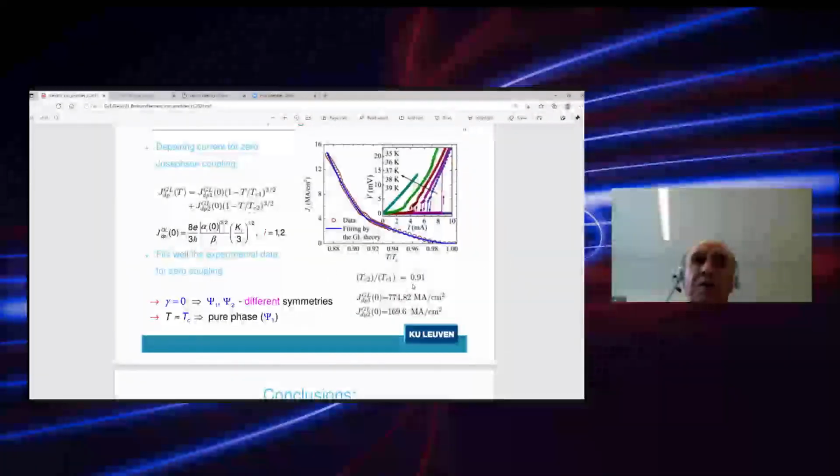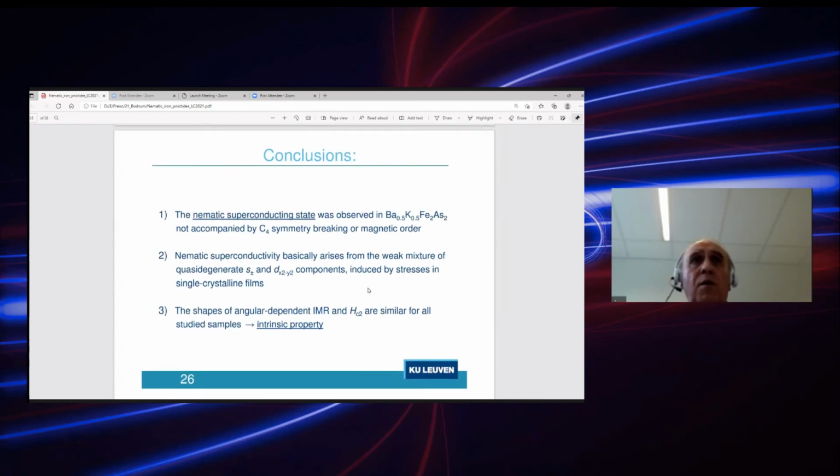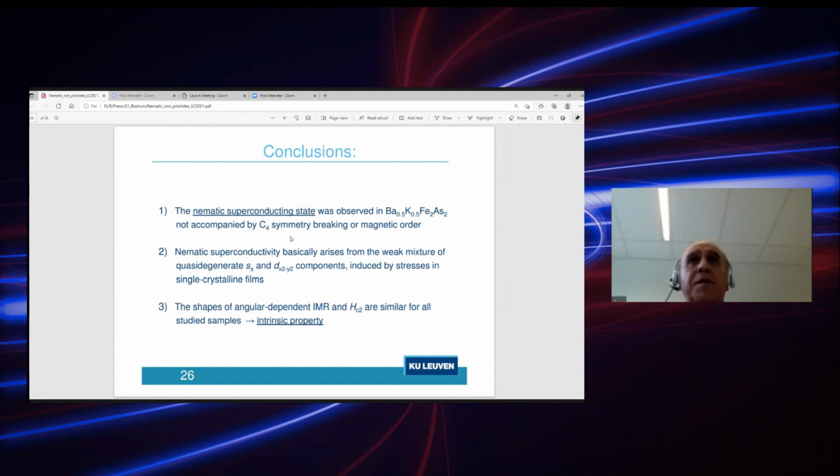We also obtain this. Okay, then I am finishing here. So, in summary, it was observed that there is a nematic superconducting state in 1-2 compounds, thin films of 1-2, close to optimal doping.